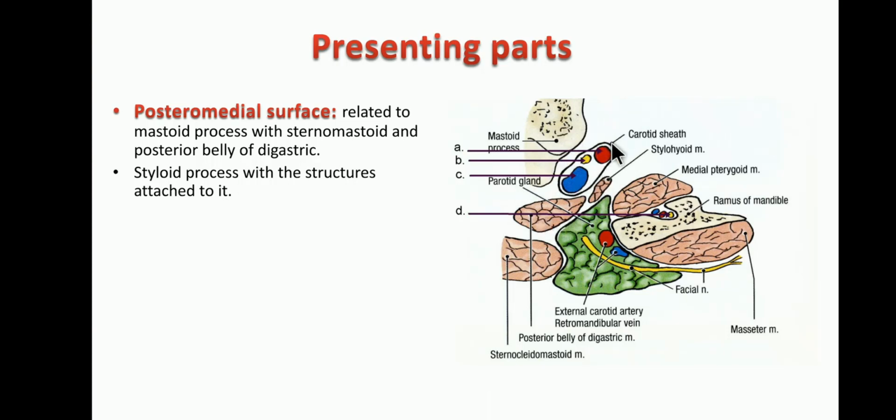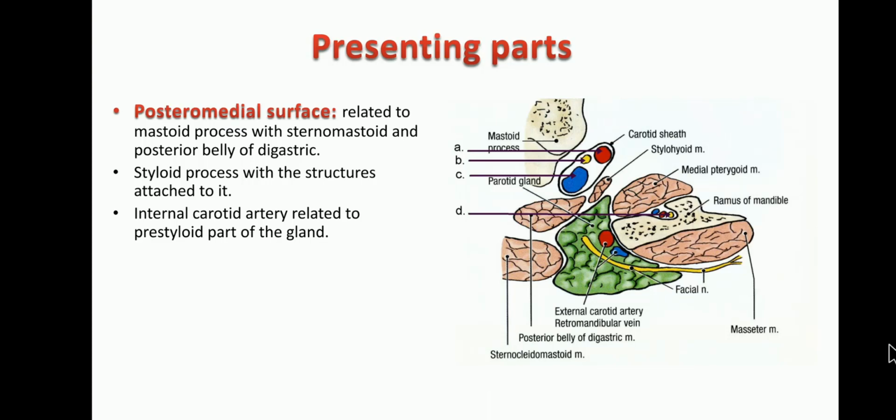This is your carotid sheath in a deeper plane with internal jugular vein, internal carotid artery anterior, vein posterior. In between these two is the vagus nerve. Okay, so posteromedial surface is related mainly to the styloid process.